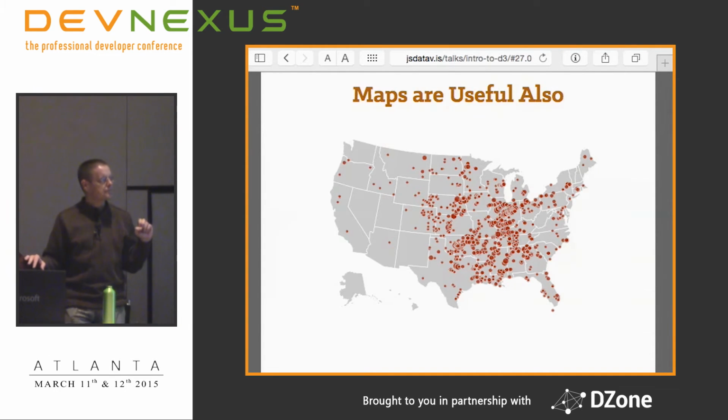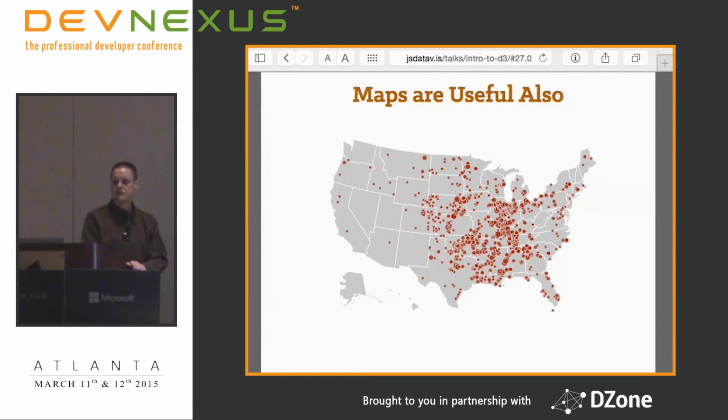With D3, they're not tiles at all. All of the map information is SVG vector elements. And there are tools that you can take standard GIS information and create what are called GeoJSON data structures that represent the geographic data. And D3 can take that GeoJSON and throw it on a web page and make it look like what the thing actually looks like.